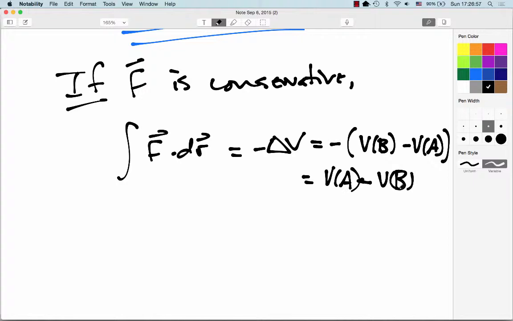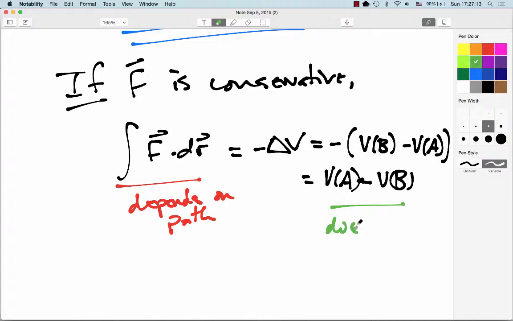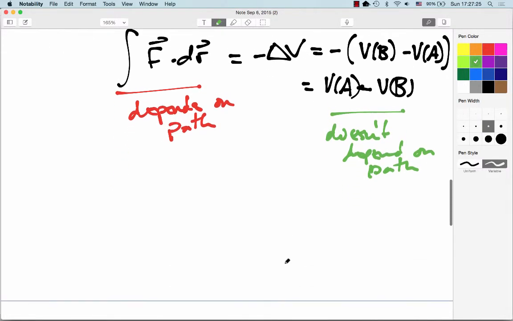Now, the deal is here, this bit here depends on the path, and this bit here only depends on the endpoint, so it doesn't depend on the path. Now in 1D, that's less of a problem because there's only one path you could possibly have.